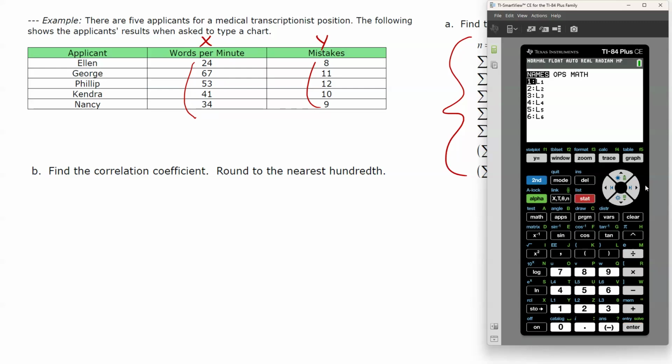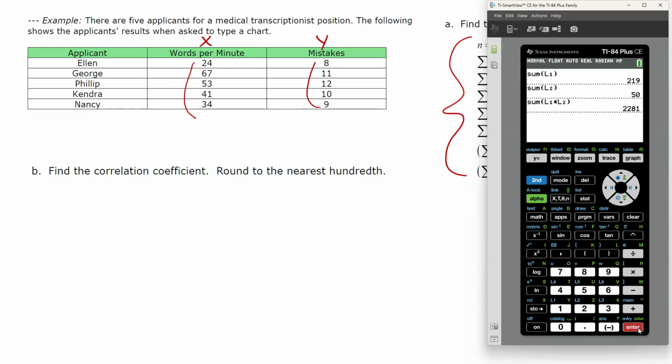Then I want the sum of all of my Y's, that's L2. Okay. Then I want the sum of my X times my Y. So I'm going back over to math. So list 1 times list 2.